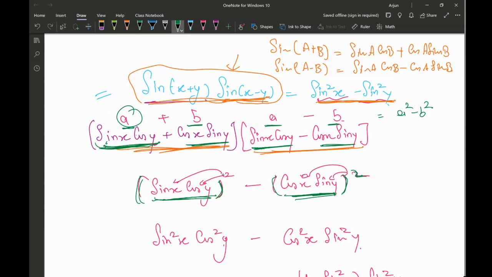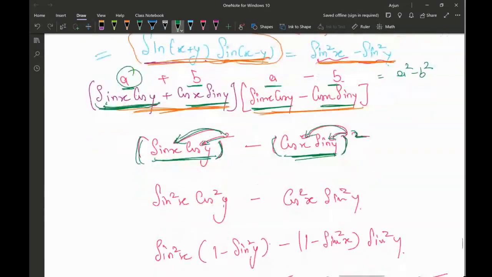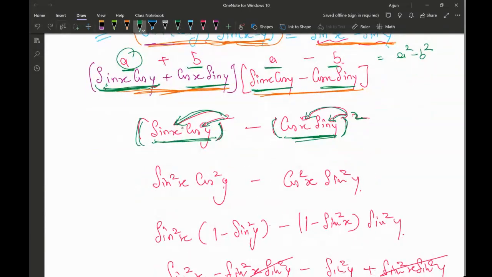That's what I did. Now I'm going to distribute this square to these two terms, and as I distributed, this becomes sine square x times cos square y minus cos square x times sine square y.